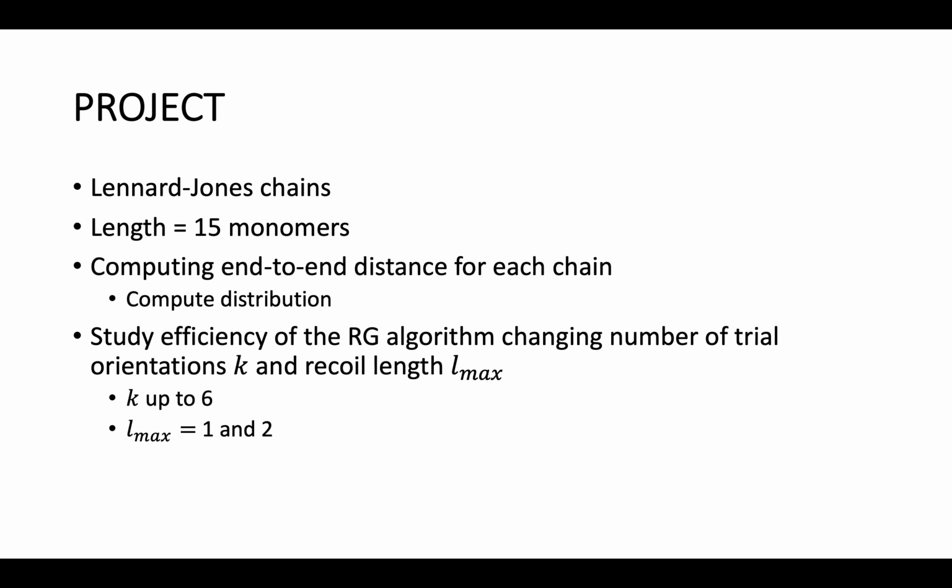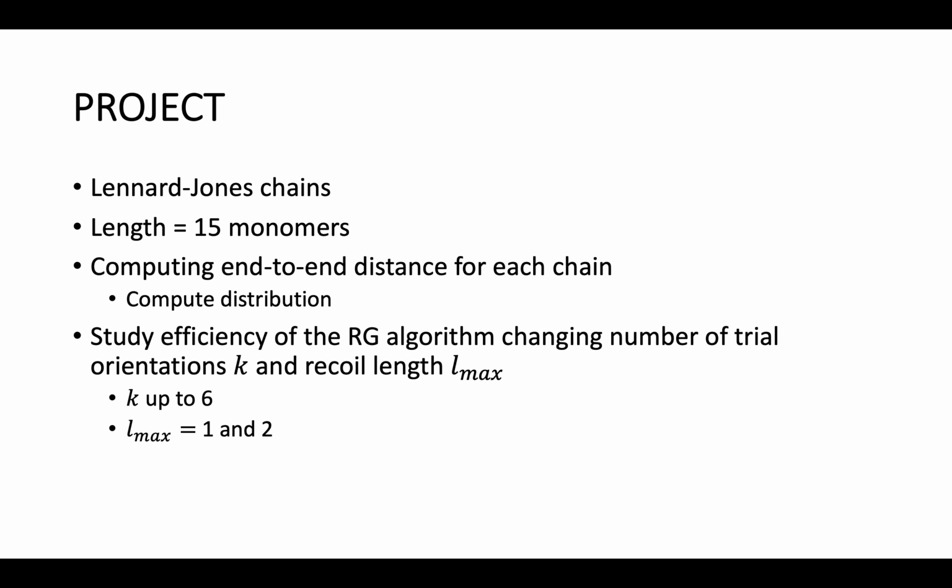So for this project specifically, I am building Lennard-Jones chains. The Lennard-Jones potential is the one I'm going to be using, and computing the end-to-end distance for each chain so that I can study their distribution. In this case, I'm setting the length to L equals 15 monomers.